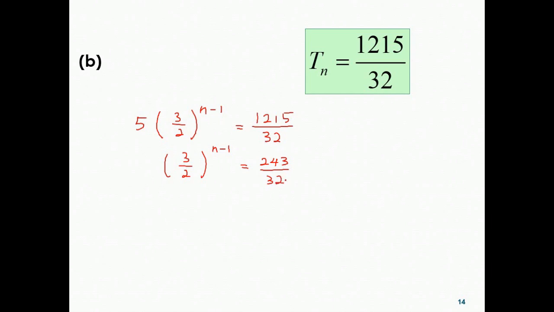And then, using the same concept, we are going to make the base of our index the same. So (3/2) to the power of n minus 1 is equal to (3/2) to the power of 5, which is actually equal to 243 over 32. Therefore, comparing our index, we have n minus 1 equal to 5. Therefore, n equals 6.